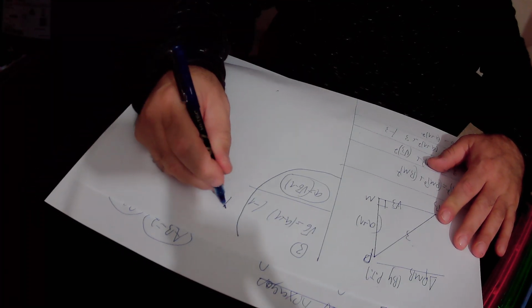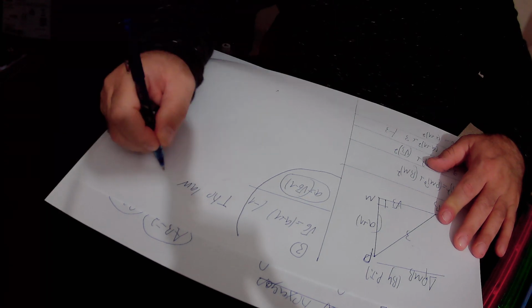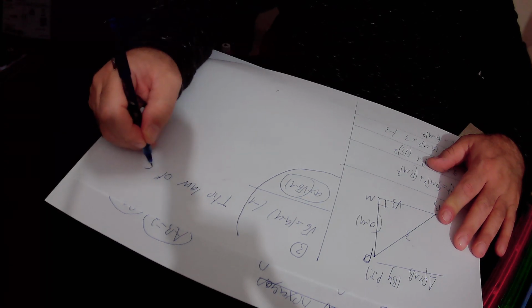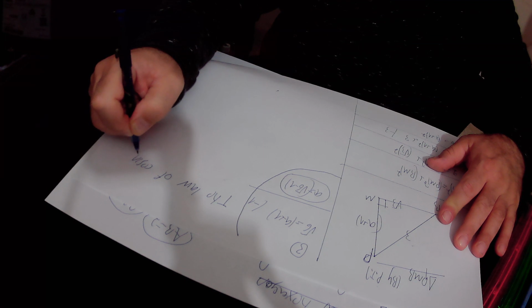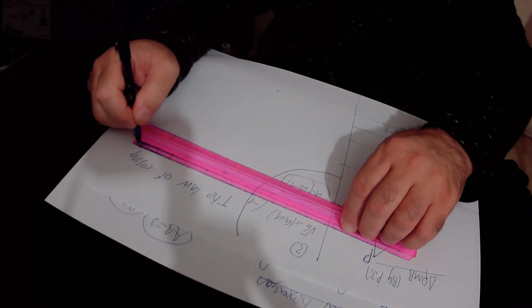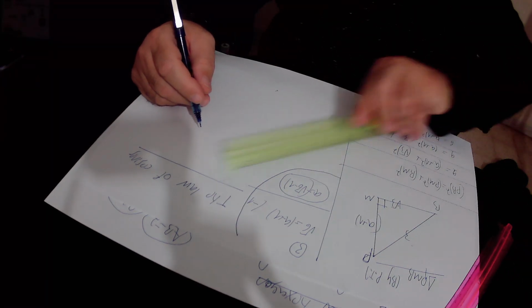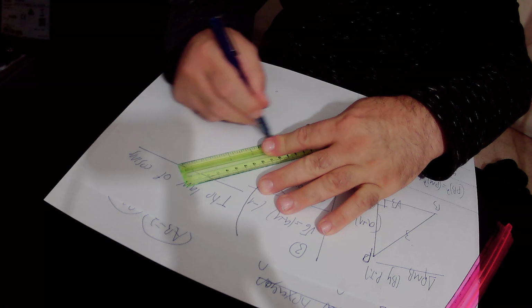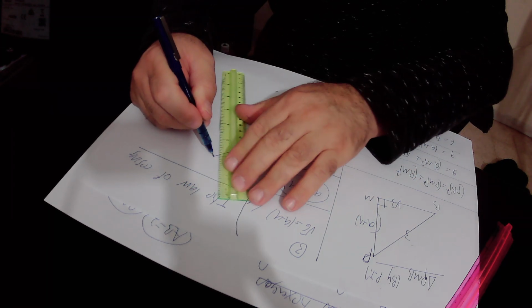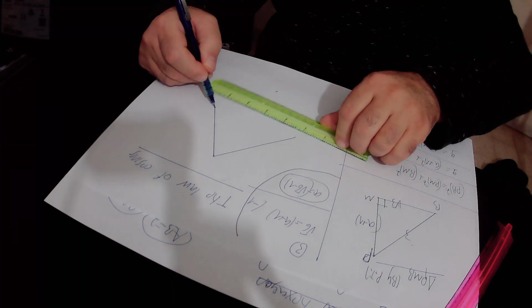The law of cosines is true in any triangle. So we have here triangle ABC. That could be any triangle, not necessarily our triangle ABC, but any other triangle.